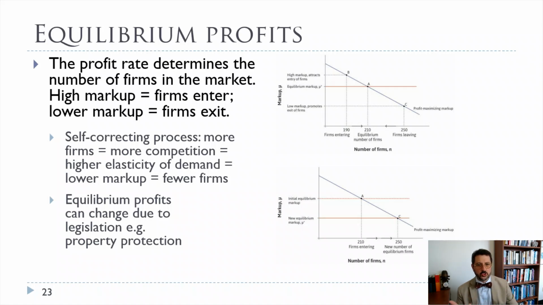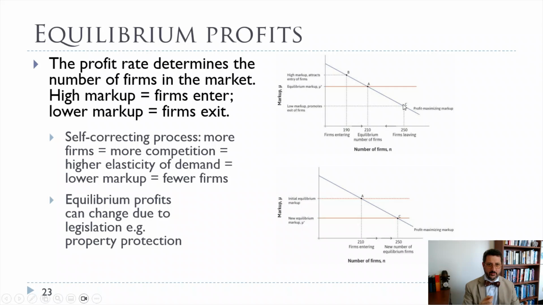And so that's really just what this graph is showing, right? We've got the markup on our vertical axis and the number of firms on our horizontal axis. And basically, this is just saying that we'll end up with fewer firms when we have a higher markup, and more firms when we have a lower markup, as more firms exist, right?